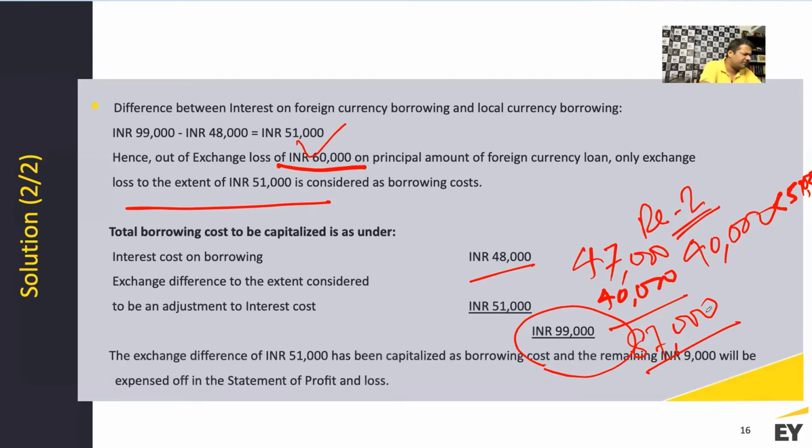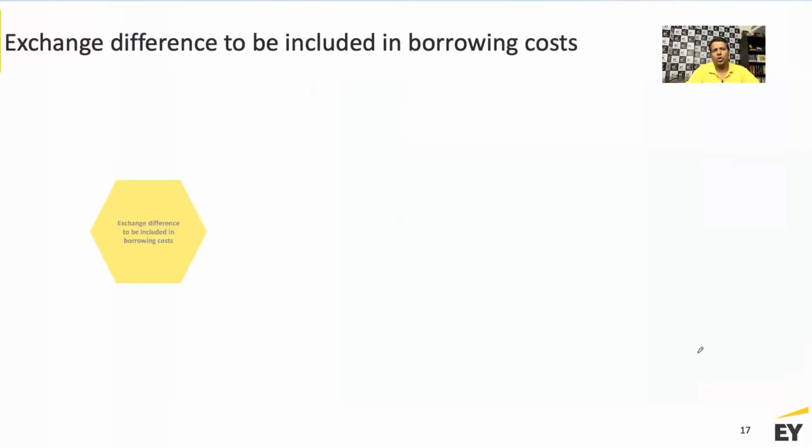The exchange difference of INR 51,000 has been capitalized as borrowing cost, and the remaining INR 9,000 will be expensed off in the statement of profit and loss account.